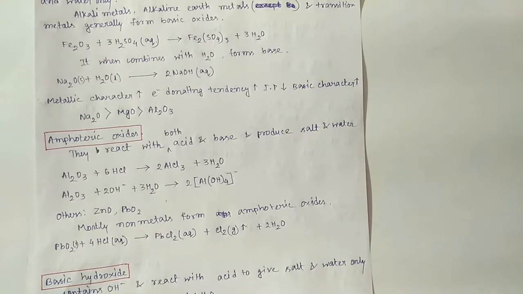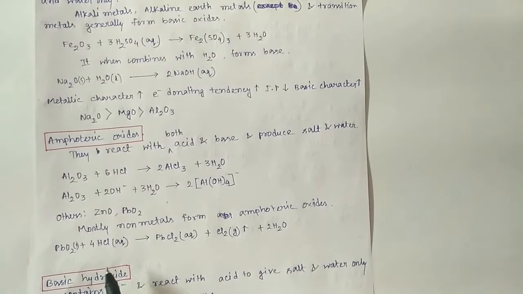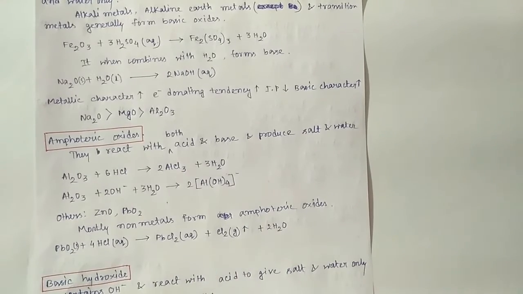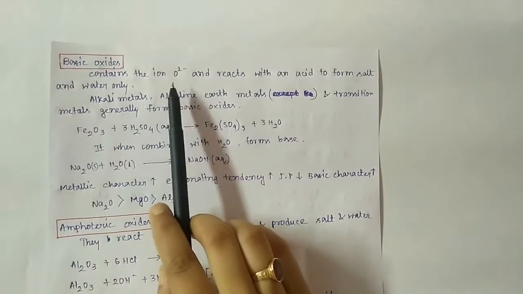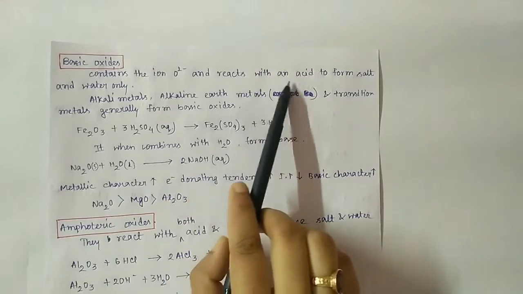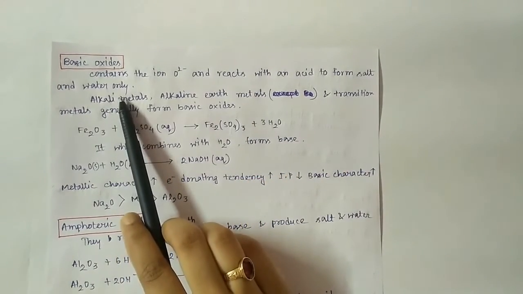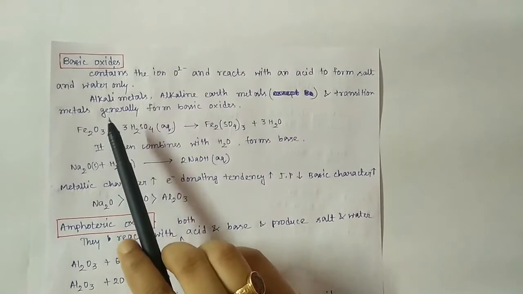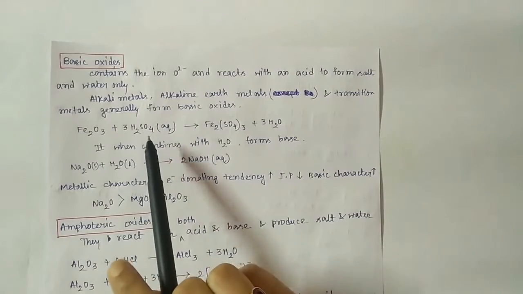There is another thing: why is lead oxide, PbO2, not a basic oxide? In a basic oxide there is one very important thing, that it contains the ion O2 minus and reacts with an acid to form salt and water only. Because the main character of basic oxides is that when they react with an acid, they only produce salt and water.